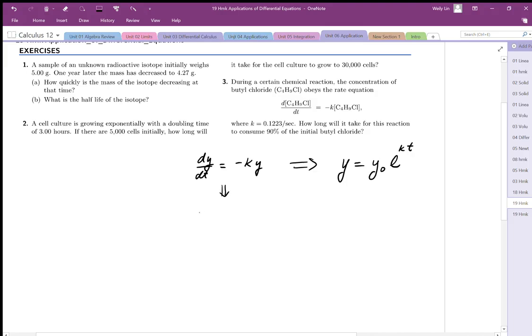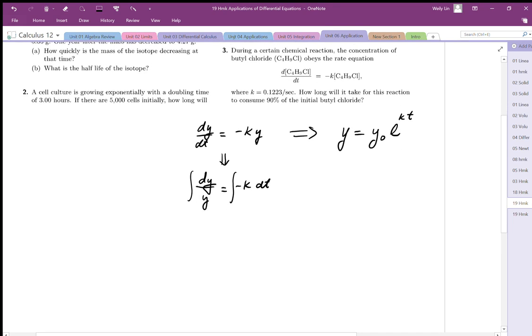Now, it's not a bad idea, especially for now, to actually integrate this. So we're going to separate our variables, and then we're going to integrate both sides, and we end up with log y equals negative kt plus c.